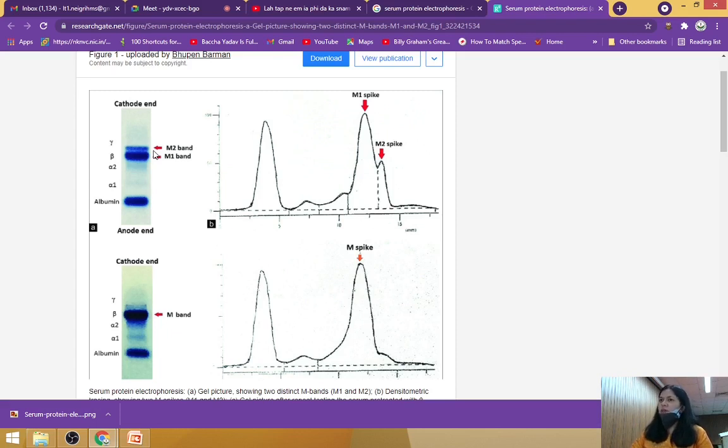You add the mixture of plasma proteins at one end of the glass slide, and they migrate depending upon their molecular size and charge.